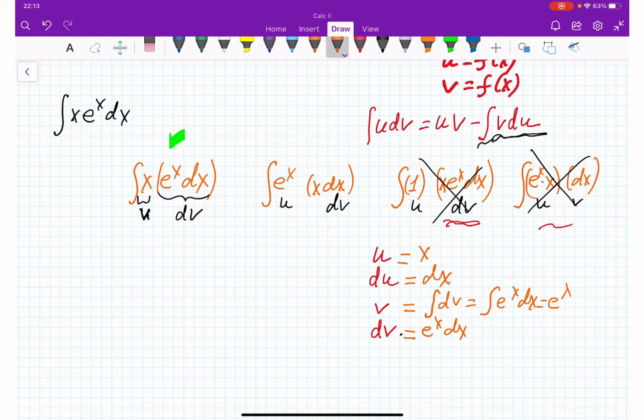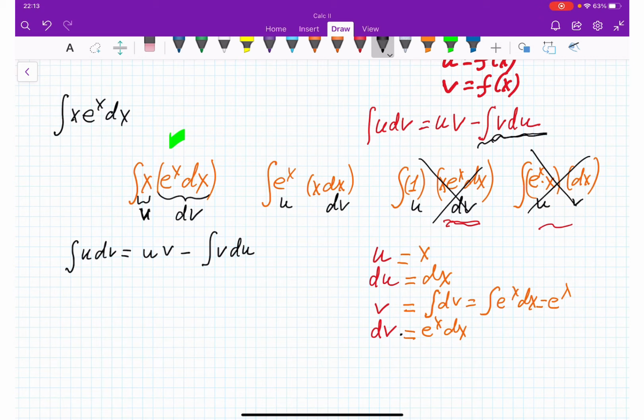Okay, so once we have it, now let's start working on it. We know that integral u dv is equal uv minus integral v du.